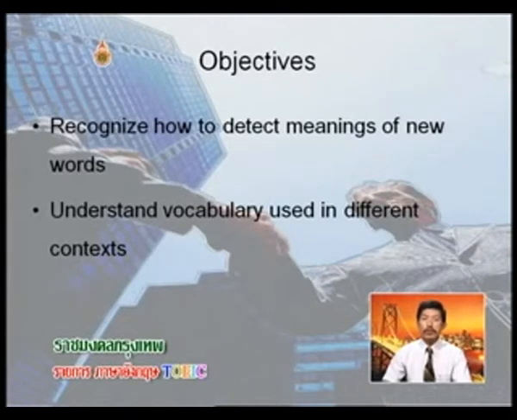As well as we are going to show you those words in the context of the TOEIC test, and we learn together, and hopefully you will understand those words used in different contexts, and then you will be able to apply these techniques of learning while you are taking the test or while you are preparing to take the test, so that when you are sitting in the exam, you will be able to score as high as you expect.